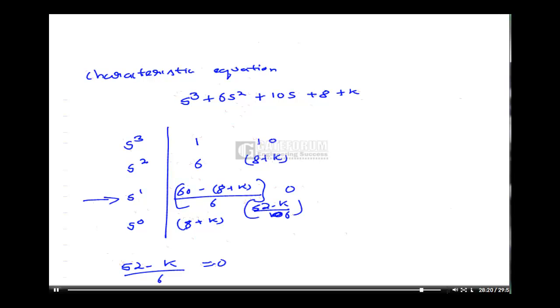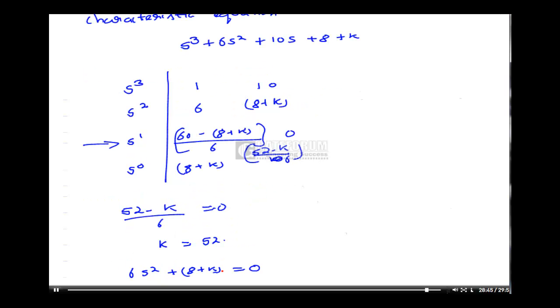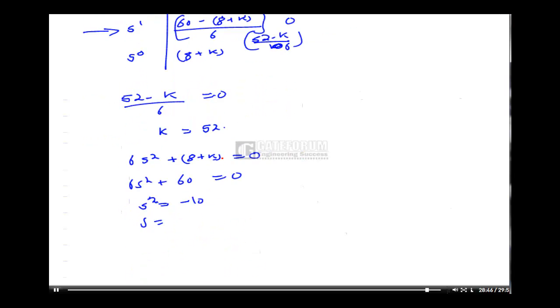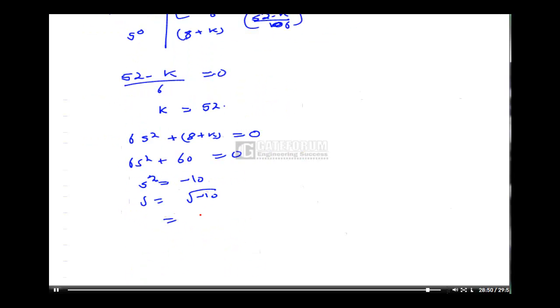Now using this value of K I will solve my auxiliary equation. 6s square plus 8 plus K equal to 0. 6s square plus 60 is equal to 0. So s square equals minus 10, s equals root of minus 10, which is equal to plus minus j 3.162.